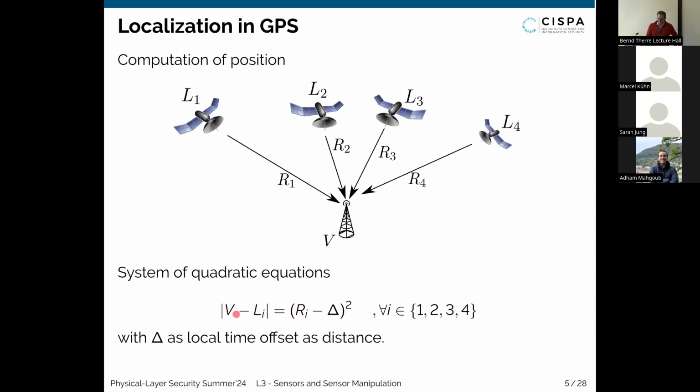You want to find in the end the V that minimizes the error here, the error which is delta, for the 4 equations at once. Ri are the pseudo distances, and the delta is now the error that you have with respect to the received signals.